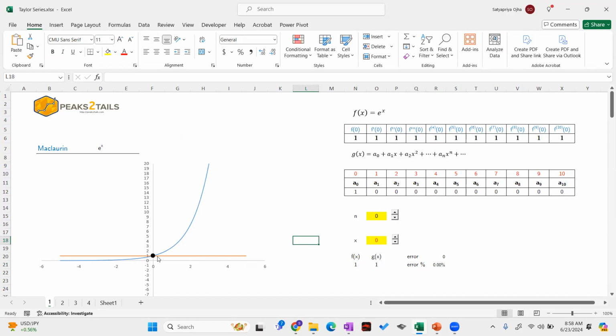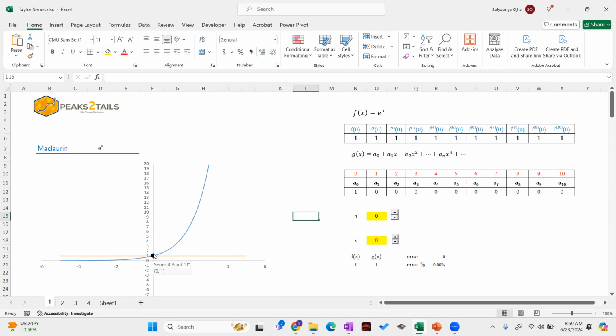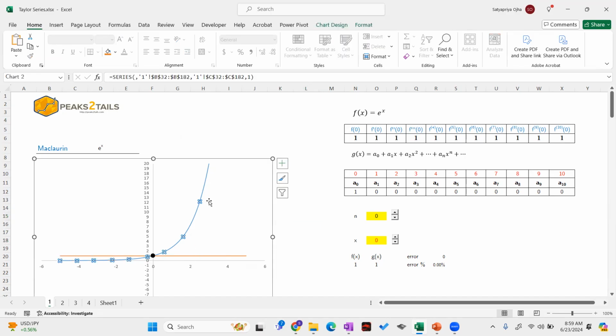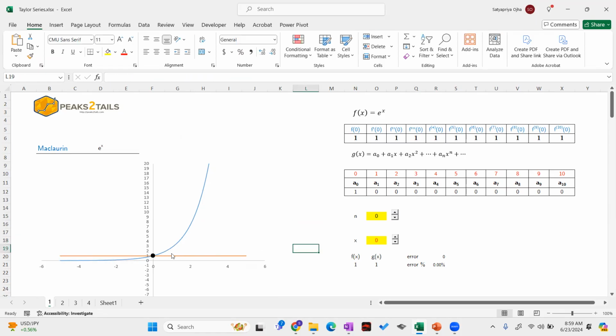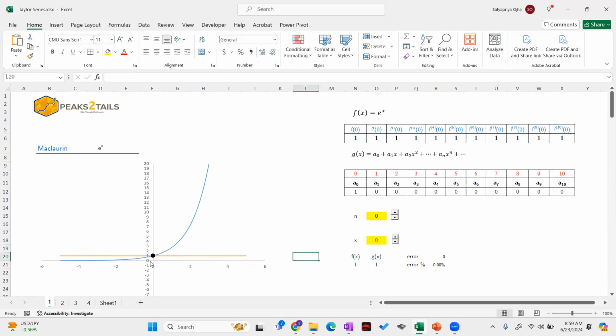Okay. As you can see, this is the polynomial approximation. This is the true function. Both match at x equal to 0. The value of the true function is 1 because e to the power 0 is 1. Value of the constant approximation is also 1. It is 1 everywhere.